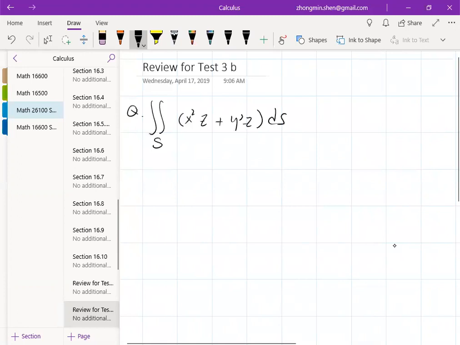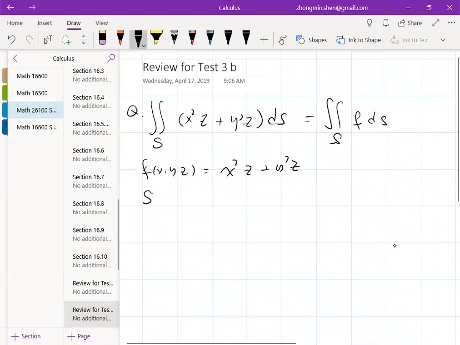So this is just the surface integral over S of f dS, where f(x, y, z), defined in three-dimensional space, is x squared z plus y squared z. The function is restricted to the surface, then you get a function on the surface, and you integrate it.